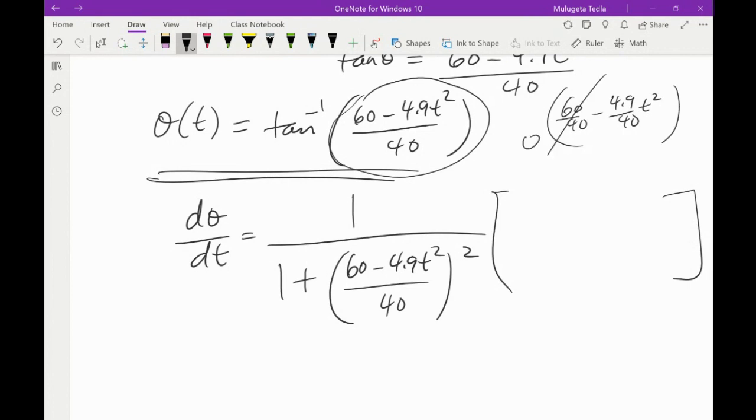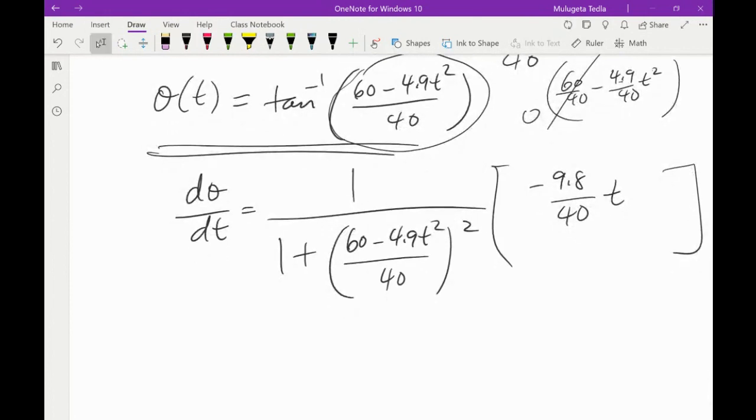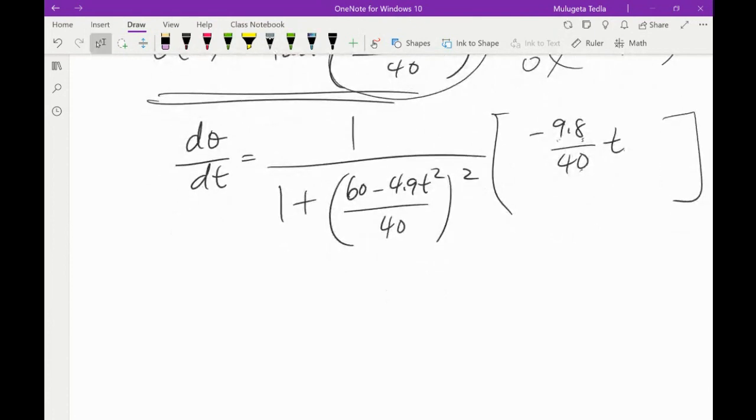The derivative of this is bring the 2 up front, multiply by 4.9, you get negative 9.8, divided by 40 stays there, times t, reducing the exponent by 1. That's it.